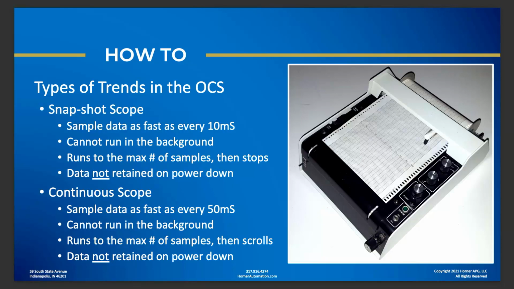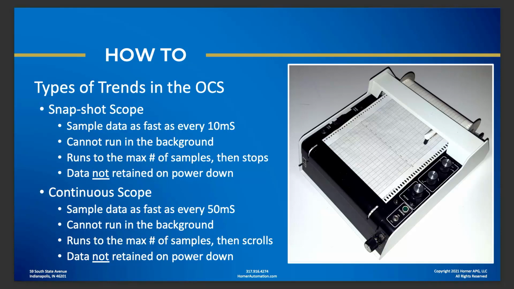However, there are some limitations. Snapshot scopes cannot run in the background, and basically they run to the max number of samples, however many samples are covered in the graph itself. Those are shown on the screen, and then as soon as those samples are shown on the screen, the scope stops. And then data is not retained on power down.